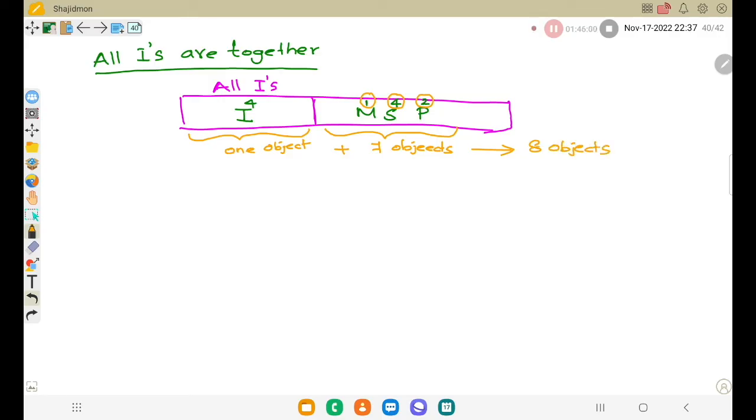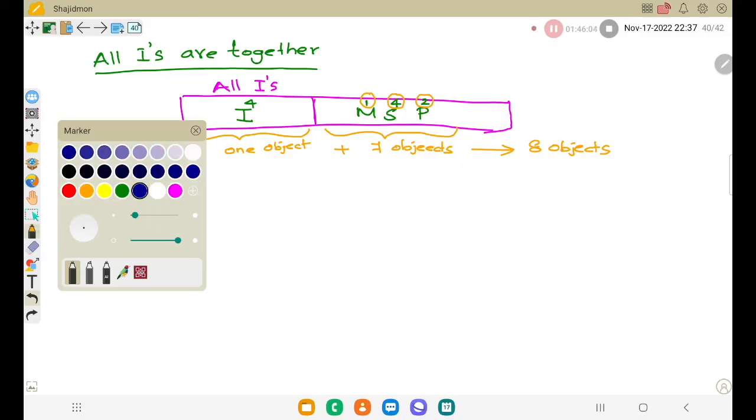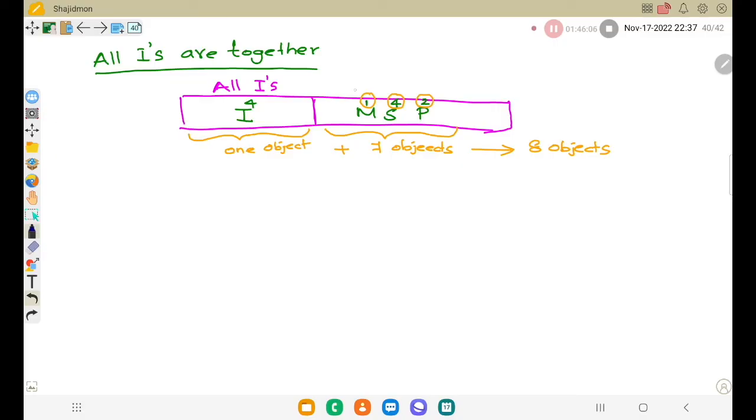We did one question with the same idea. 8 objects here, correct? So are these 8 objects distinct or not? Not distinct, because S is coming 4 times, P coming 2 times. Here only one object for the I's, not I 4 times, one object only. But S coming 4 times, P coming 2 times, that is why not distinct.